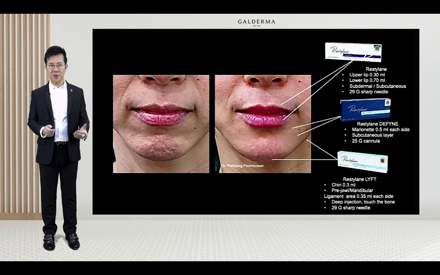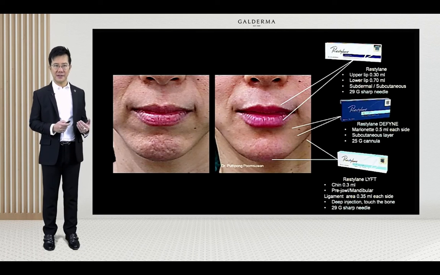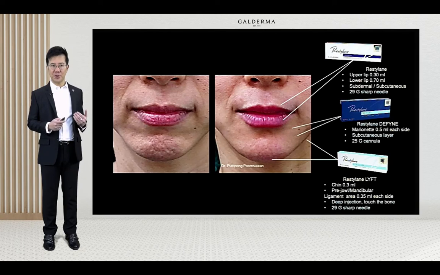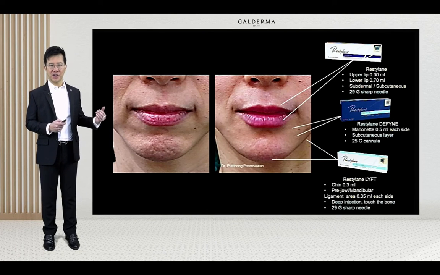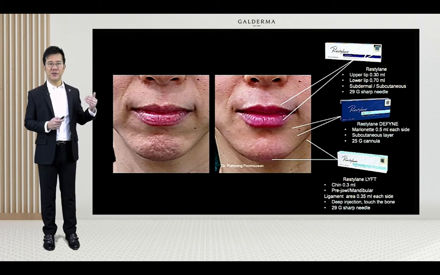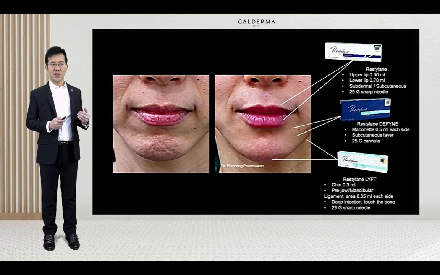And to support deep structure like chin and mandibular border, I choose Resilient Lift, a Nasha product with targeted product integration property. 0.3 ml at the chin and 0.35 ml at the mandibular ligament area each side.